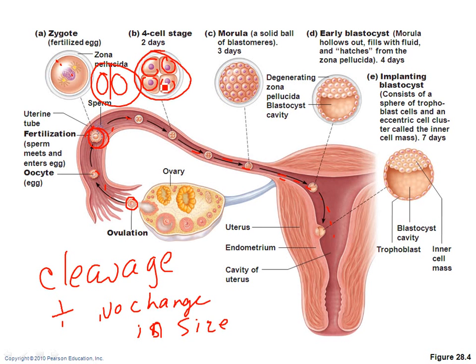By 3 days, you have what's called the morula, and it's just a solid ball of cells. The whole overall size is the same, but you have about 100 of these really small cells. Now at the morula stage, these cells are what we call totipotent.